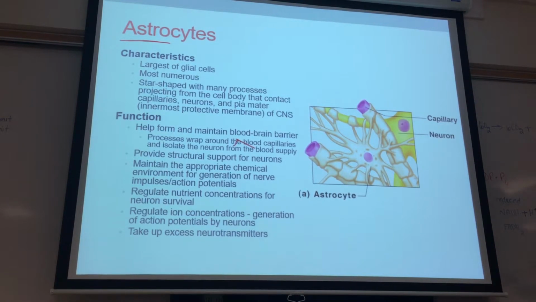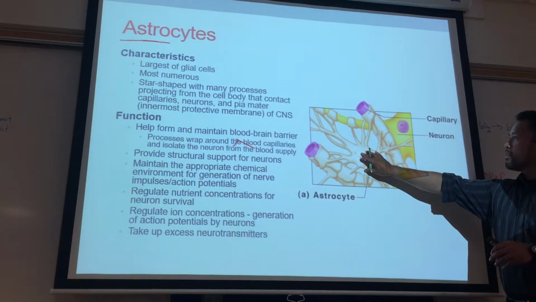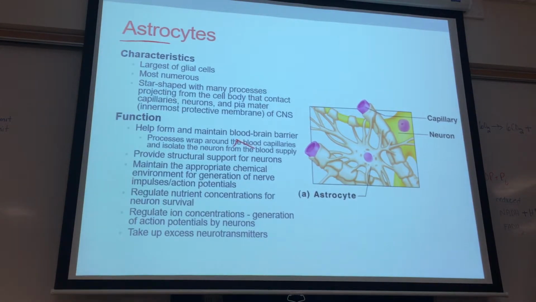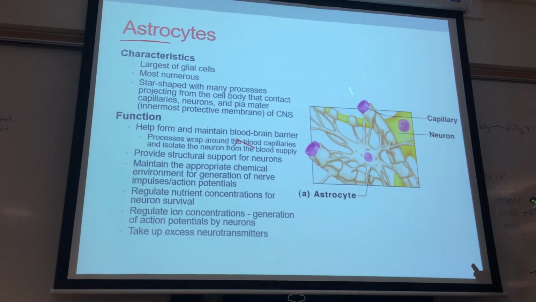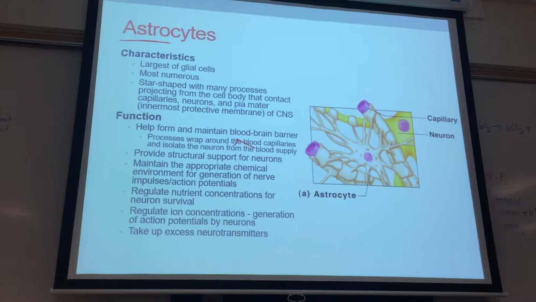And they're the largest because they have projections from the cell body that wrap around the capillary. And so it serves to protect the blood that flows through the capillaries from the surrounding extracellular fluid. And it does this in order to keep those separate. And this you may have heard before, it's called the blood-brain barrier. And the astrocytes govern that.